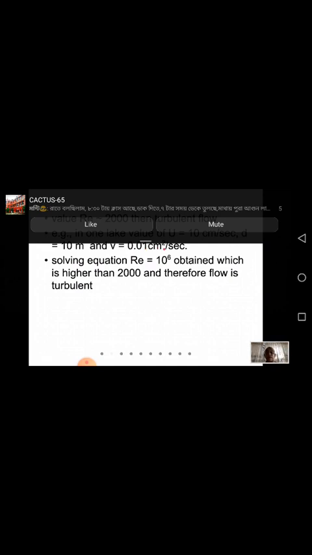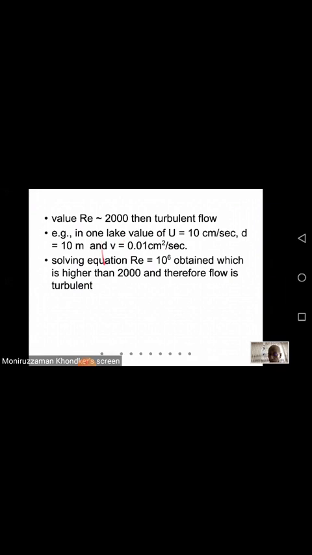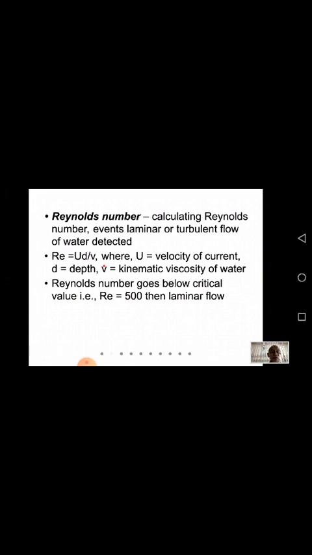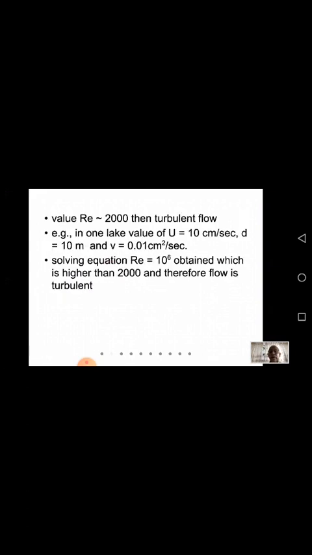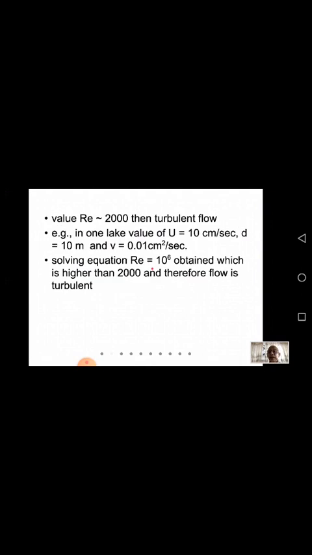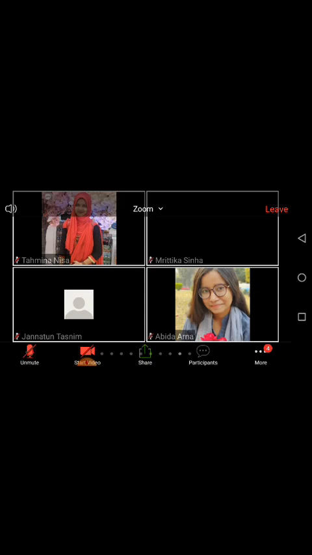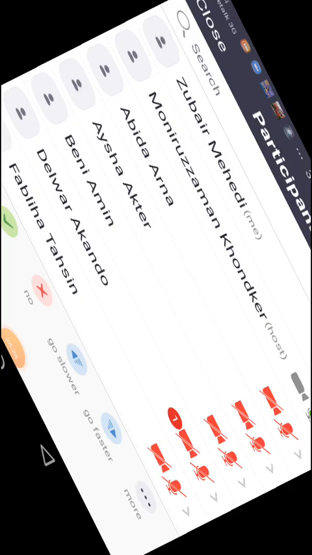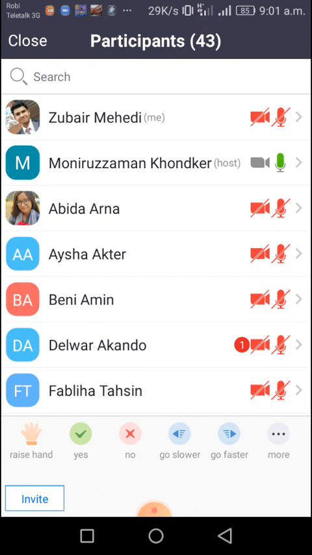So this is a simple equation: Re equals UD over V. We have a value for U, for D, and for V. If you put these in the equation, you get Re equals 10 to the power 6, which is much higher than 2000, and therefore it will be turbulent.